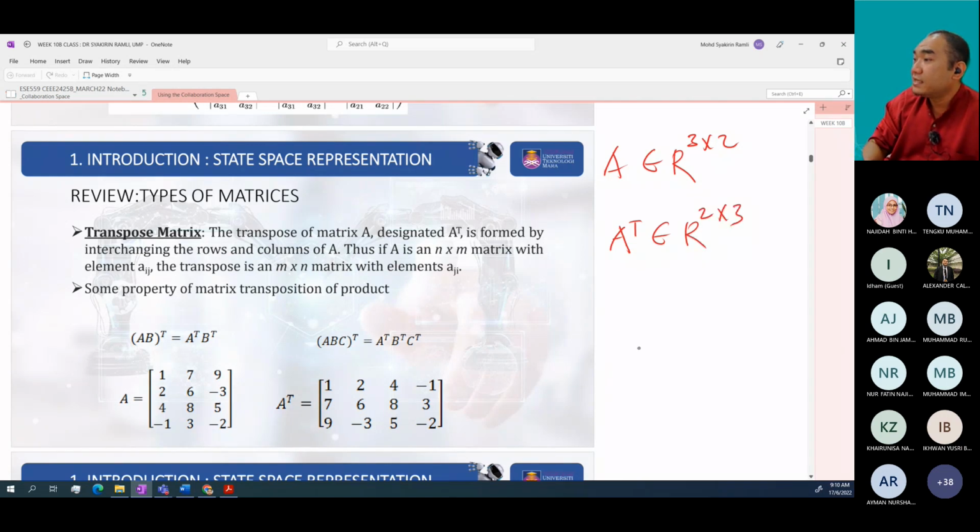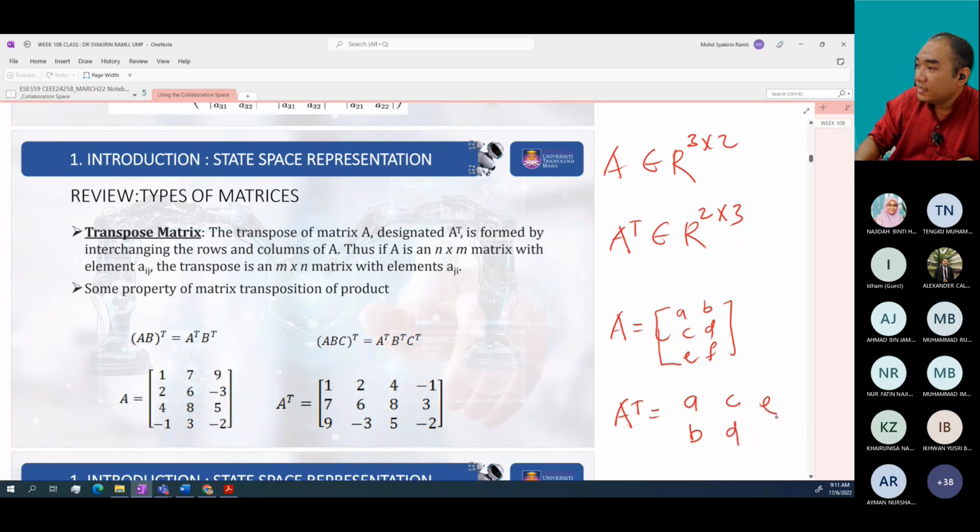Katakan kita ada matrix A sama dengan A, B, C, D, E, F, 3 kali 2, 3 kolom, 2 row. Dan kalau kita nak transposekan dia, kolom akan jadi row, maka kita akan dapat A, B, C, D, E, F.